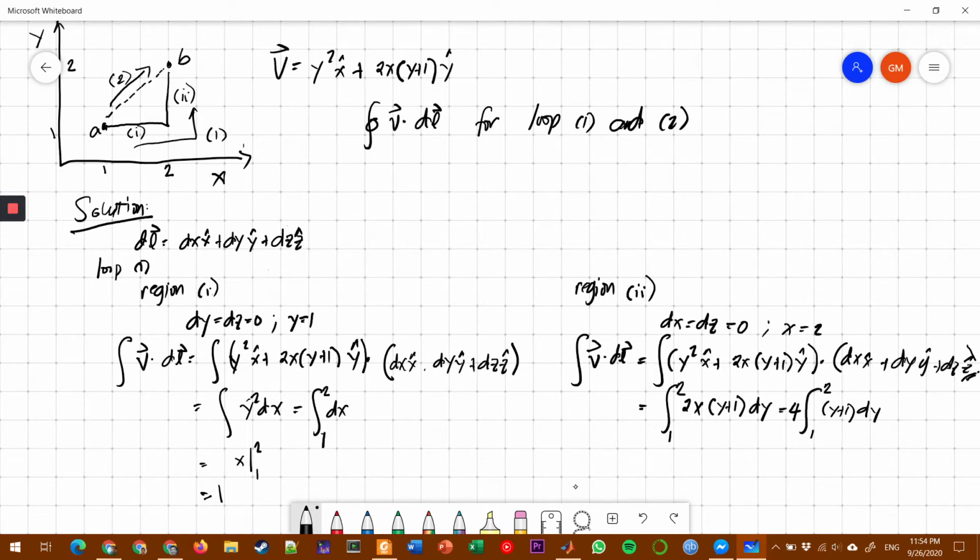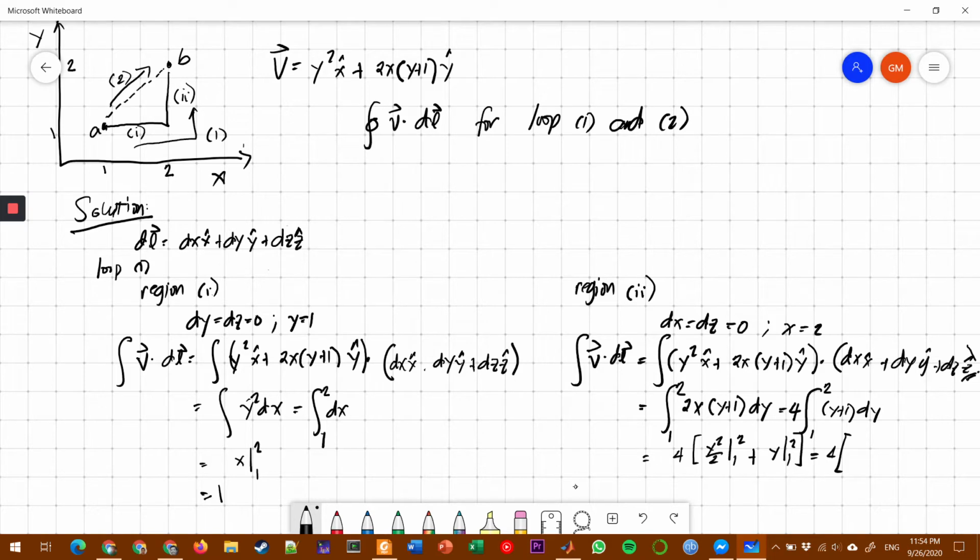Okay, so if you want to evaluate this integral, let's break it down. So we have y squared over 2 evaluated from 1 to 2 plus y evaluated from 1 to 2. So two parts, right? Because y plus 1.